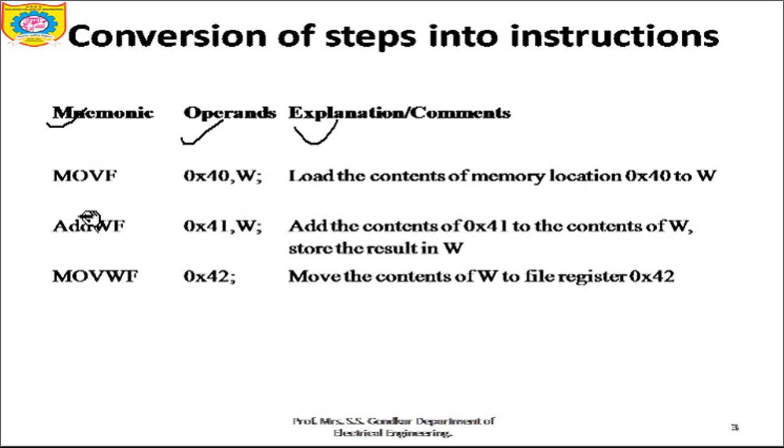The first step was transferring the data, so we have the MOVF instruction: MOVF 0x40, W. You should remember the format of MOVF, that is how many operands are required and what the format is.